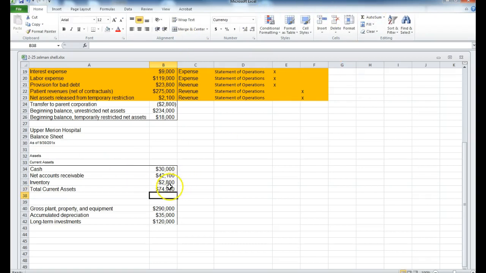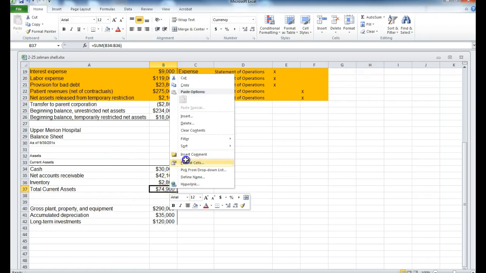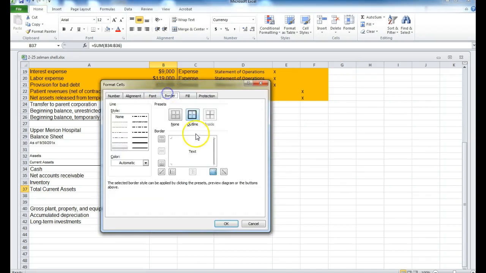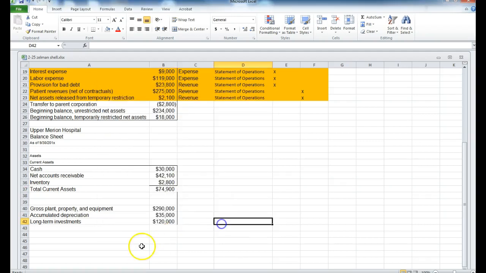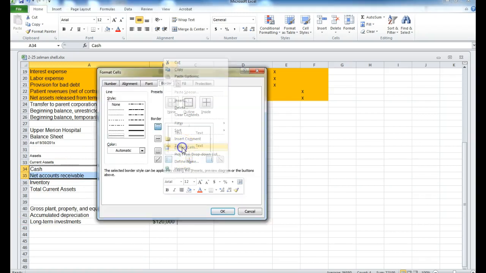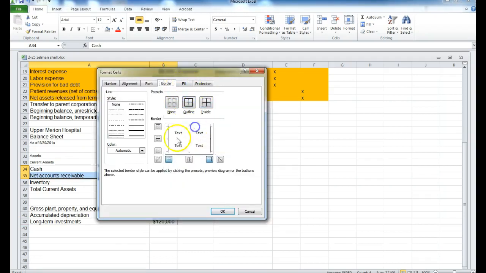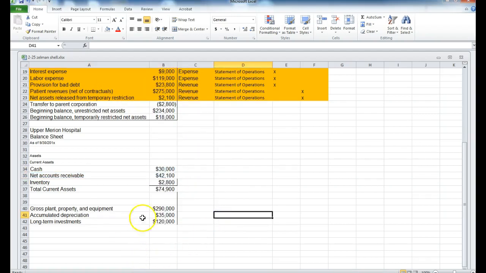So our total current is 74.9. We don't need these lines up here. So we'll get rid of this, this, and this. Okay, looks a little better.